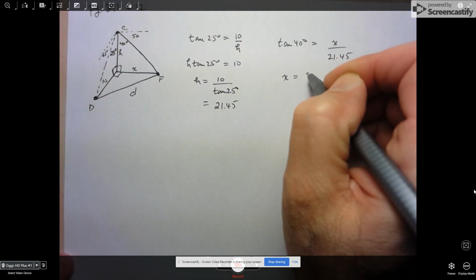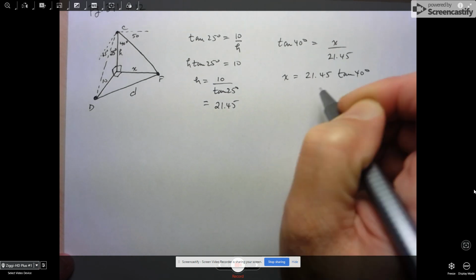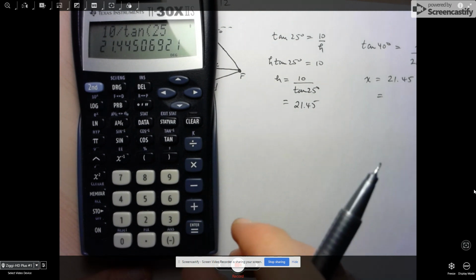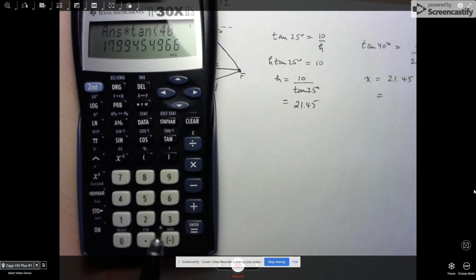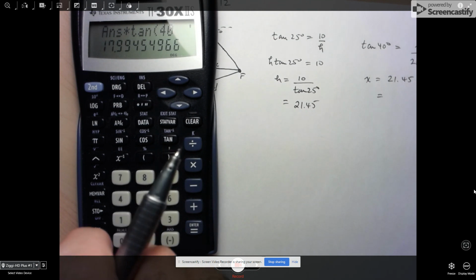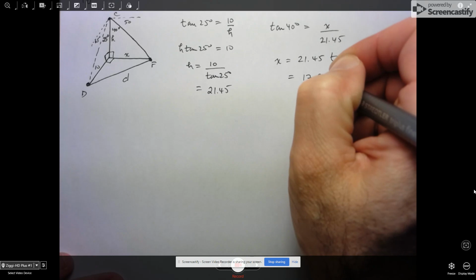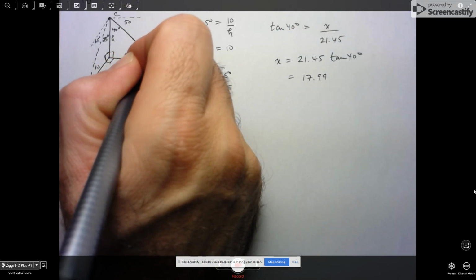So x is equal to 21.45 times tan 40. Let's do that. I think I still have the 21.45 there, so times tan 40, and we end up with 17.994, so 17.99. So now I have that this is 17.99.